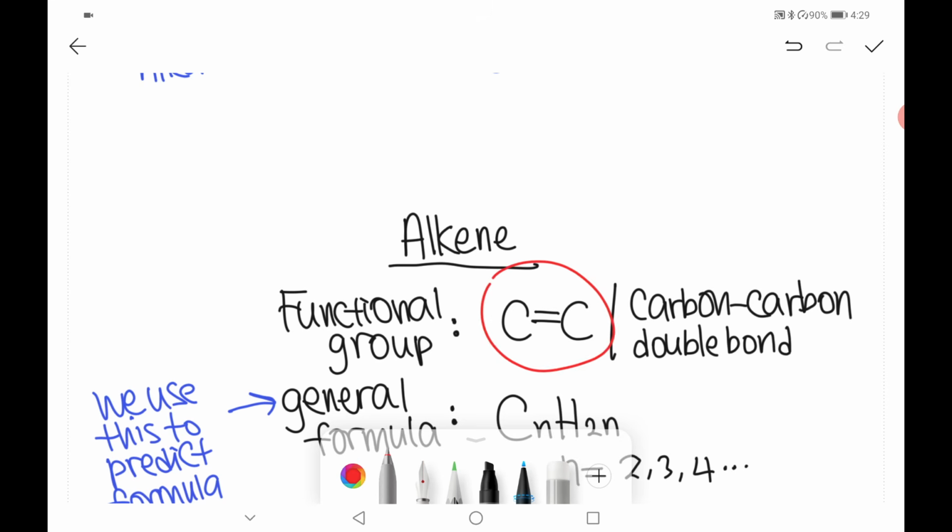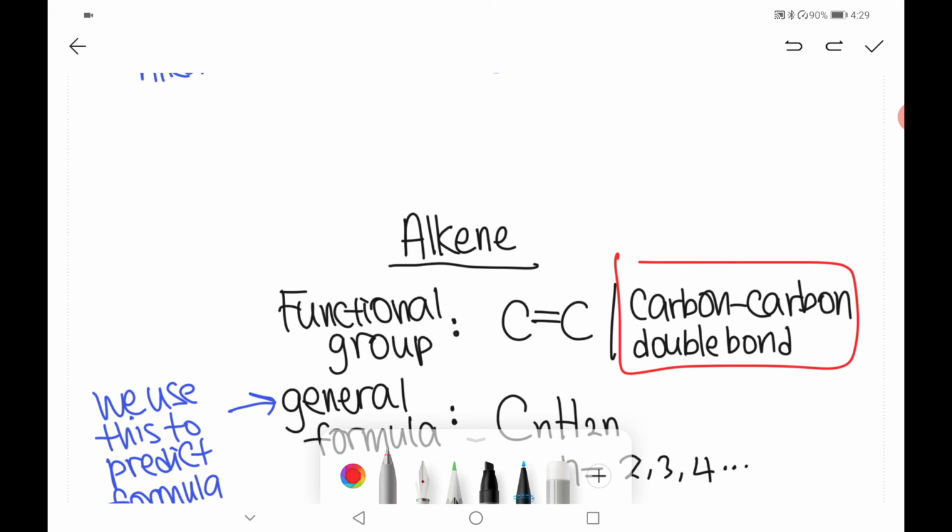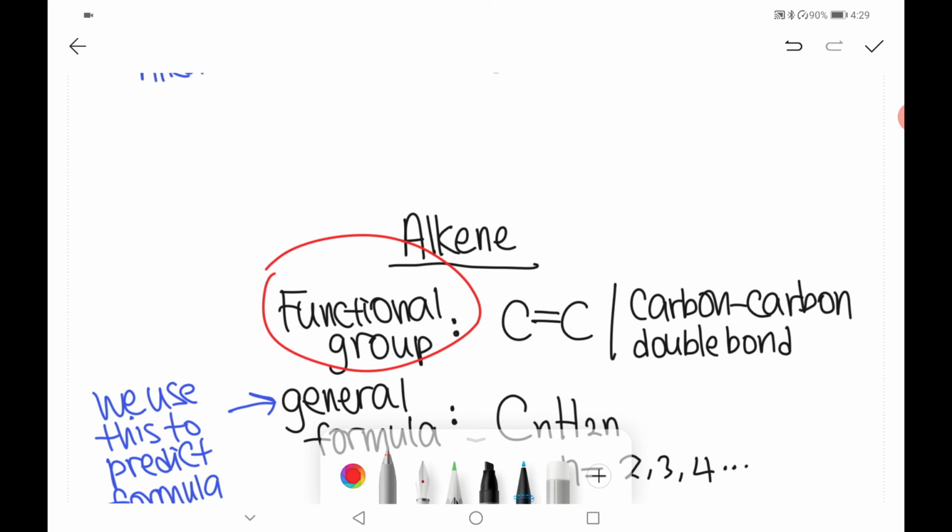Or you can write carbon-carbon double bond, or you can write double bond between carbon atoms. This is how you answer the question if they ask you what is the functional group of alkene.